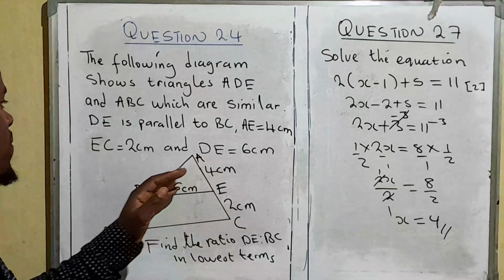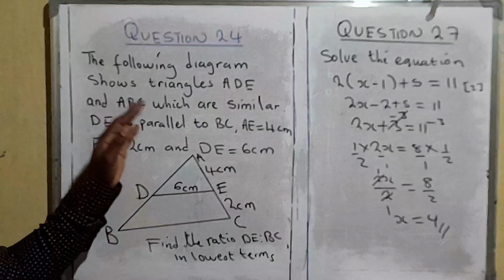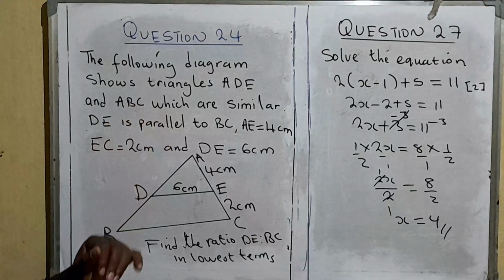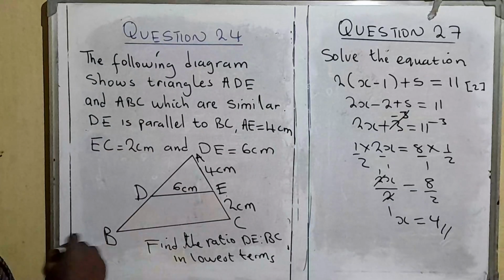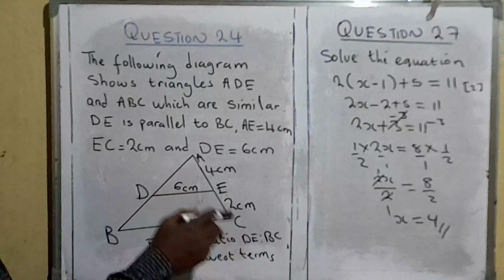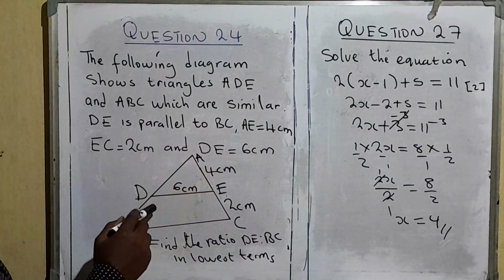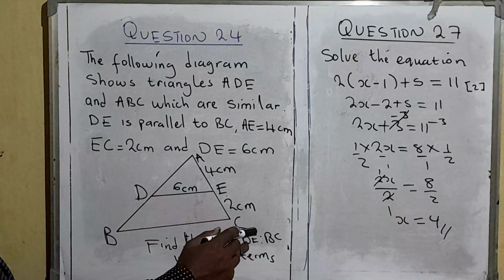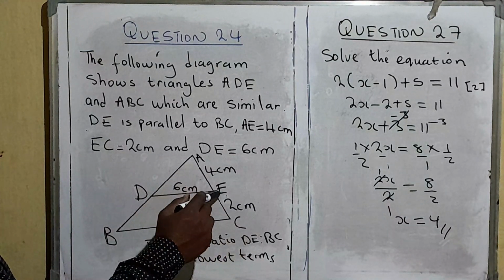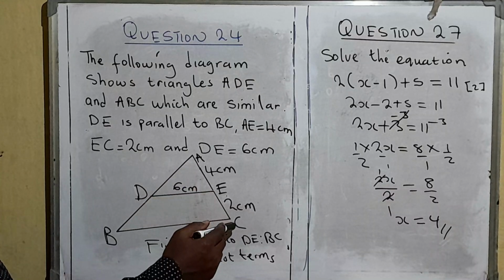Let's resolve the first question. The first question reads, the following diagram shows triangles ADE and ABC, which are similar. DE is parallel to BC, AE is parallel to AC, right?